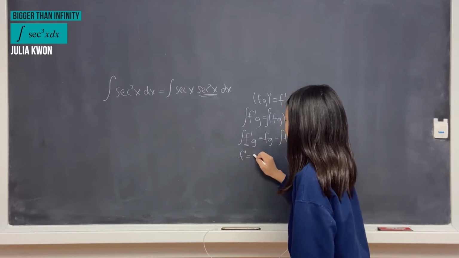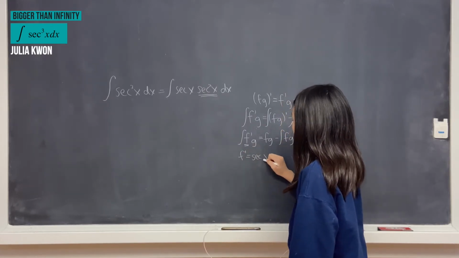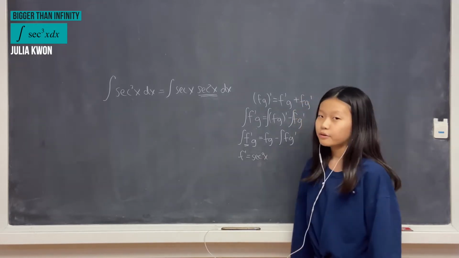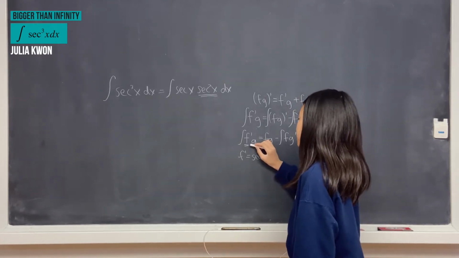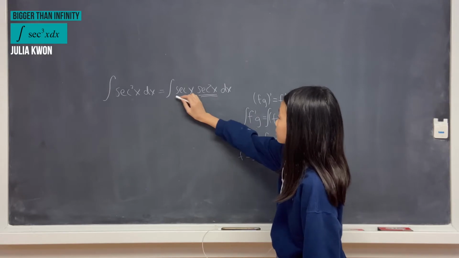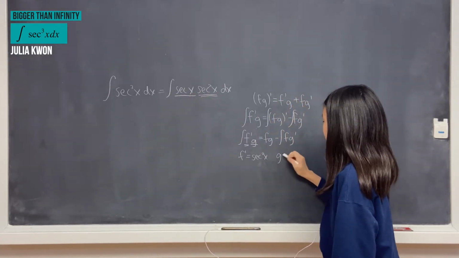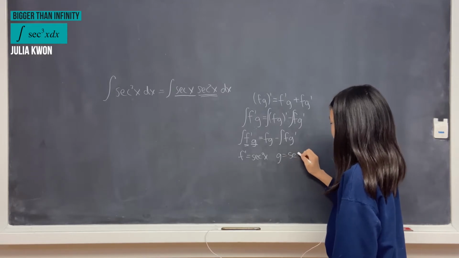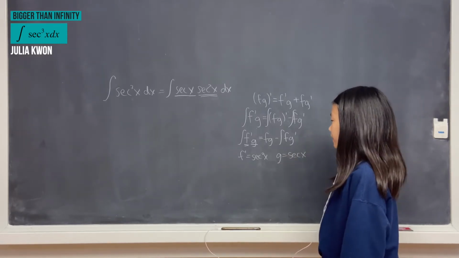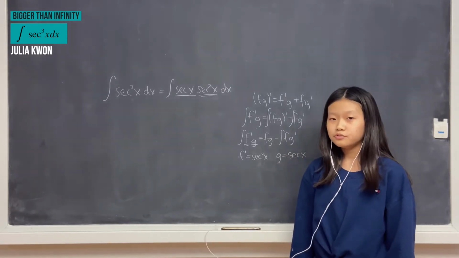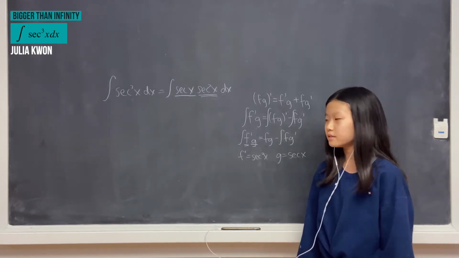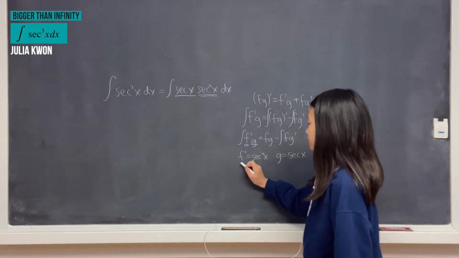So f prime is secant x squared, and now I would also like to set g equal to secant x. So g is secant x, and now that we found f prime and g, we can find what f and g prime is.